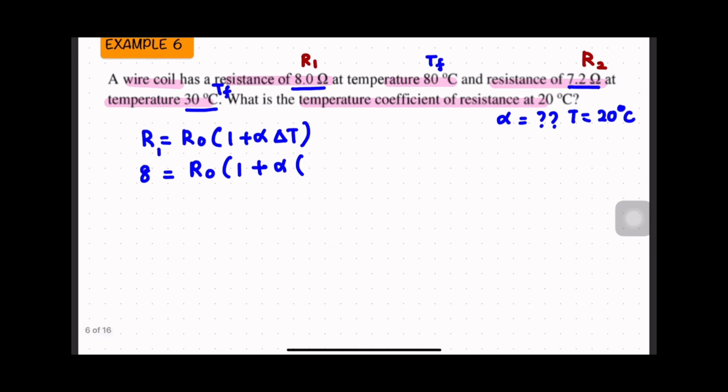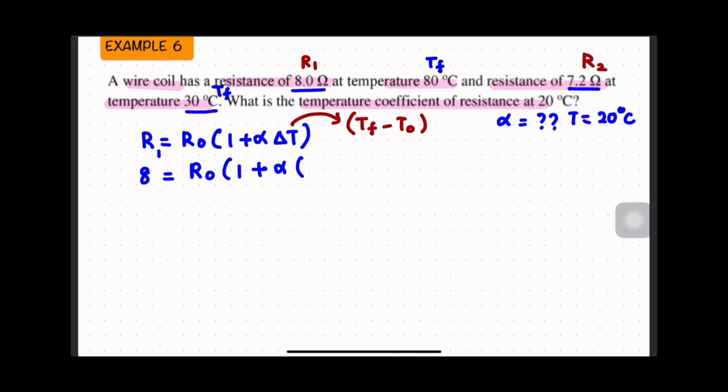So dapatlah change of T dia adalah delta T mesti T final tolak T naught. Macam tu lah. Okay, T final minus T naught. Okay, then kita akan letak T final dia pada R1 8 ohm adalah 80.